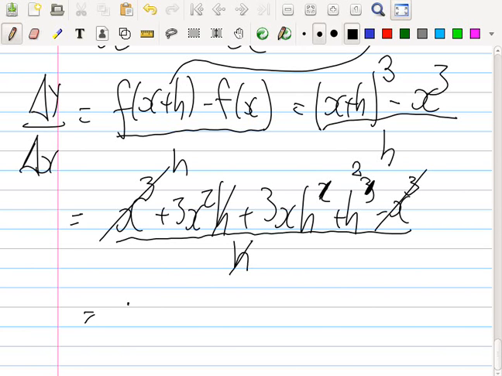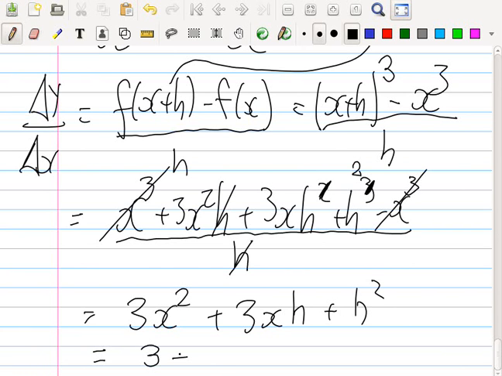So I'm left with 3x squared plus 3xh plus h squared. Although I'm not finished yet, what did I tell you the x was? I said it was 1. So I get 3 plus 3h plus h squared.